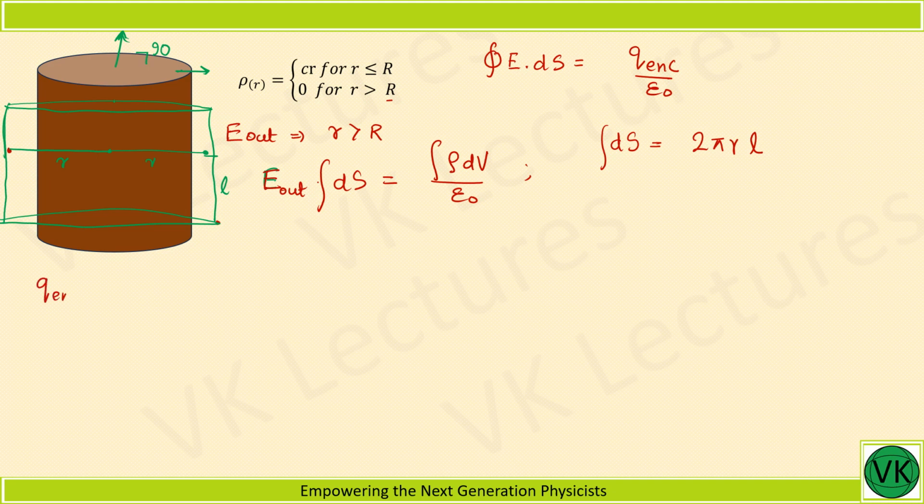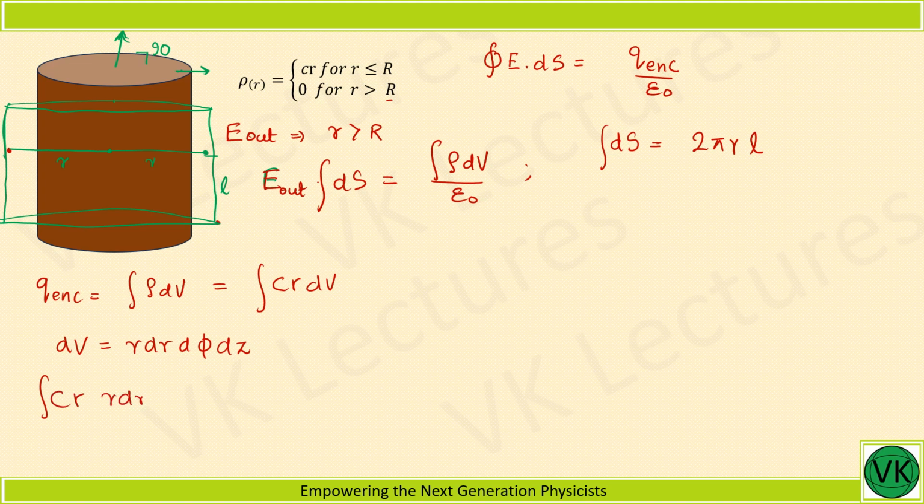So q enclosed will be equal to integral rho dv, that's equal to integral of rho, which is C r, so C r dv. Now dv in the cylindrical coordinate system is r dr d phi dz. So integral rho dv can be written as C r, with dv as r dr d phi dz.